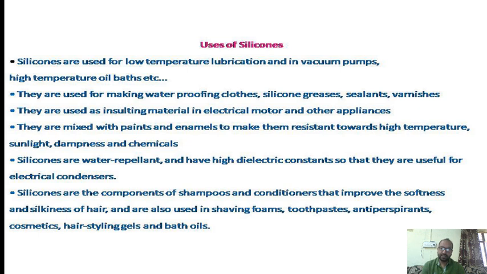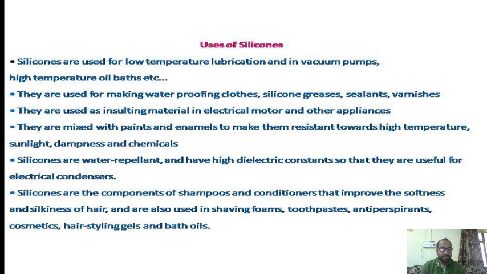For example, silicones are used for low temperature lubricants in vacuum pumps, high temperature oil baths, etc. Moreover, these silicones may be used for making waterproof clothes, silicone greases, sealants, and varnishes.